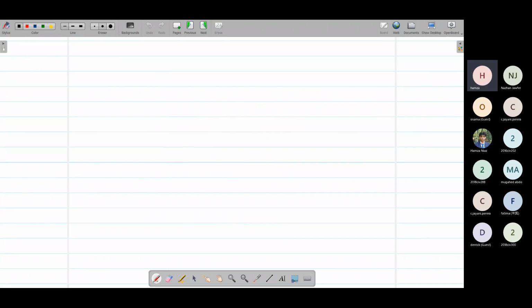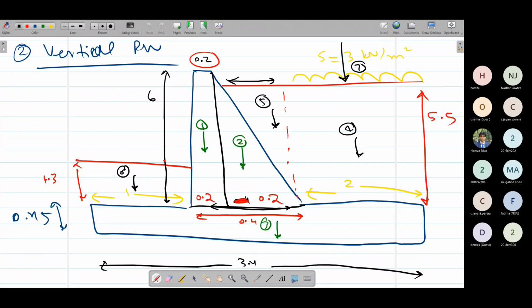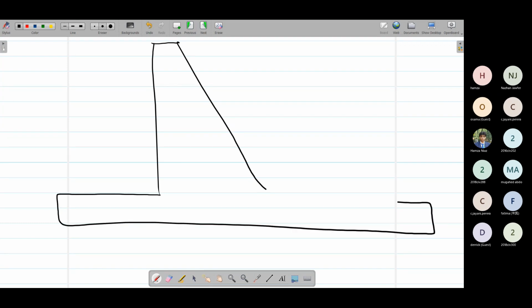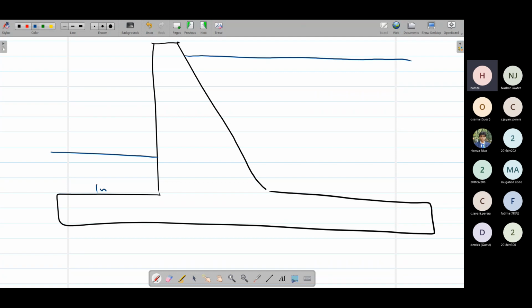For example, if we look at this figure, or if I draw this again, this is our backfill, and this is our front fill. This is our 1 meter.